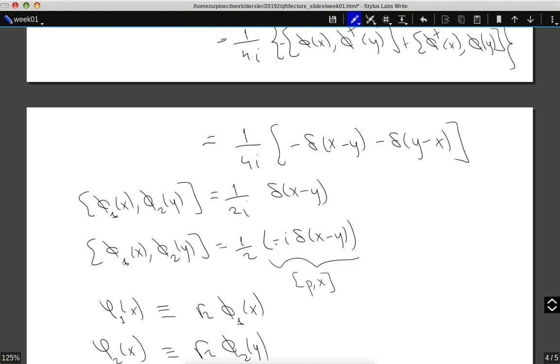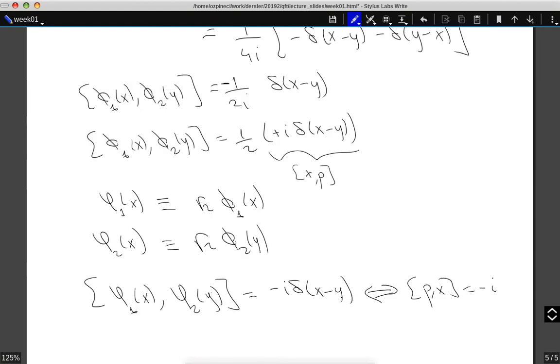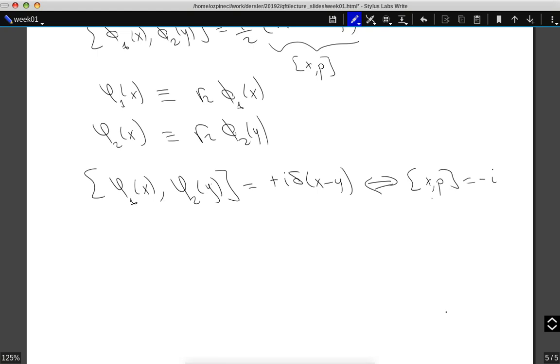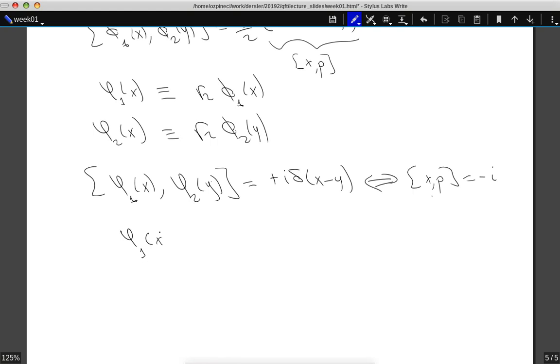Oh, sorry, here is a plus. There's a minus sign over here, which I forgot. So it is the commutator of not p and x, but x and p. So this is plus, which is analogous to x and p. Which basically tells me that I can identify phi 1 of x with the generalized coordinate and phi 2 of x with the conjugate generalized momentum.